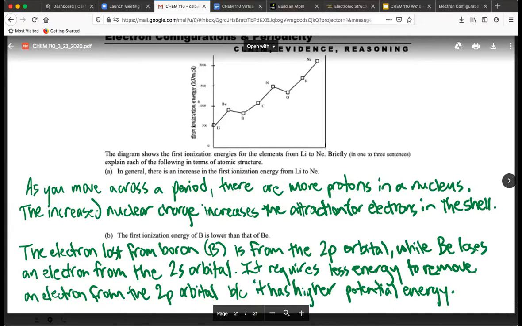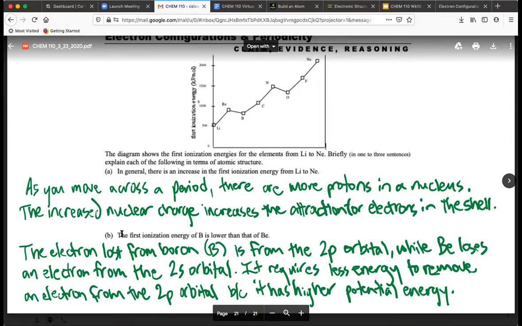So the more charge in the nucleus, the stronger it pulls on the electrons. Neon has the same number of protons as electrons, so there's a lot of nuclear charge pulling on those electrons. And that's really what makes neon more stable, less likely to give up its electrons.